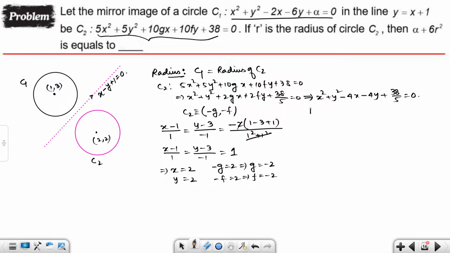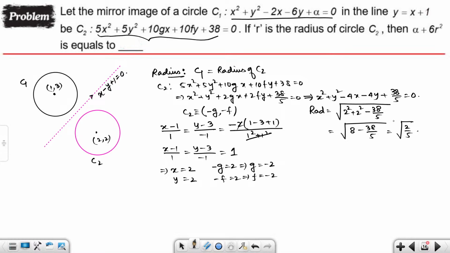Now, what is its radius? Its radius is root over 2 square plus 2 square minus 38 by 5. So that gives us 4 plus 4 is 8 minus 38 by 5. That is root over of 2 by 5. That's it. Is it clear?